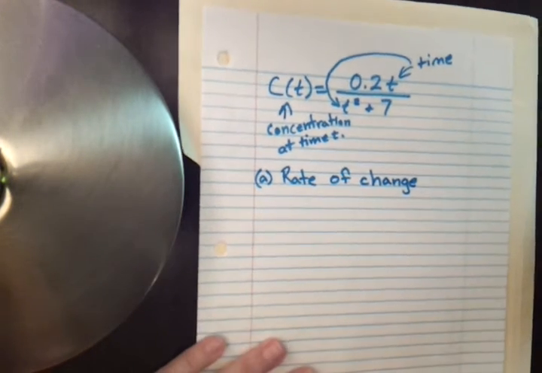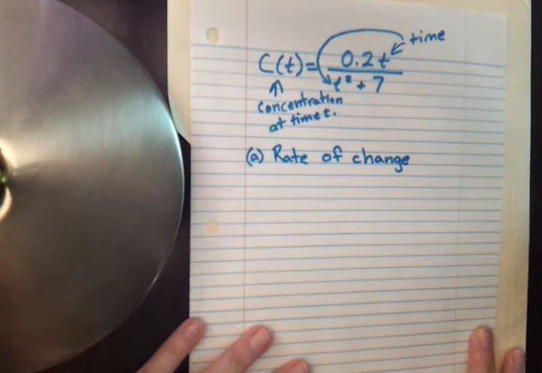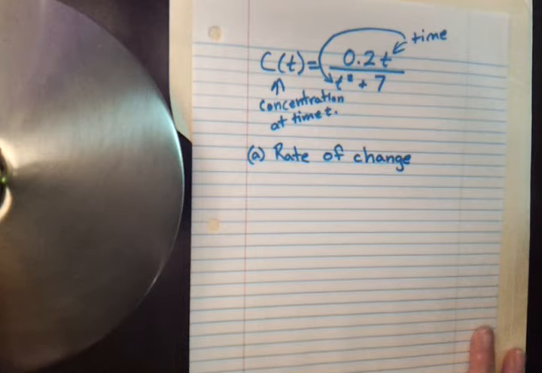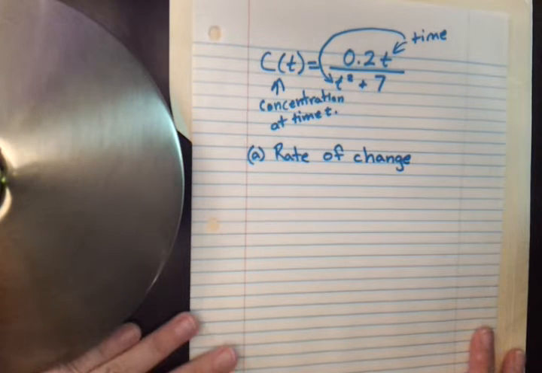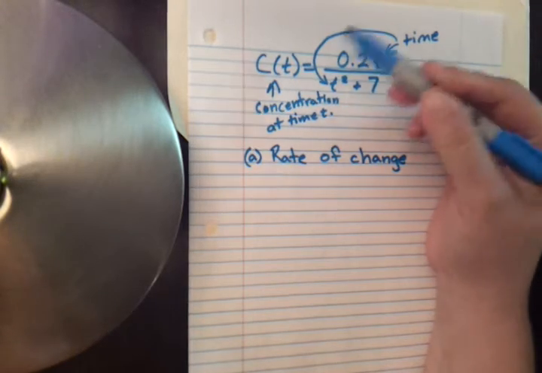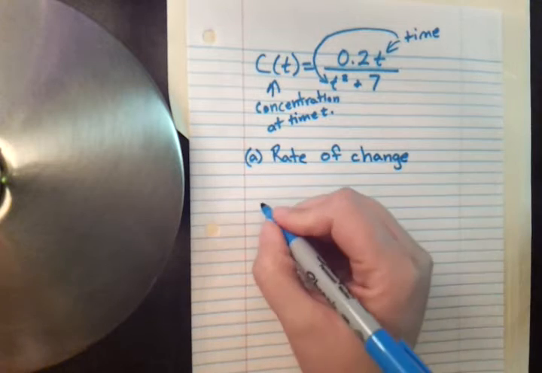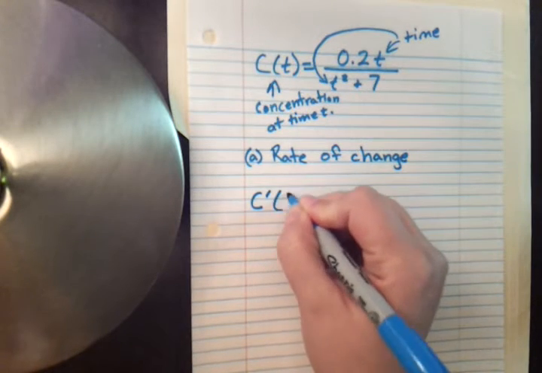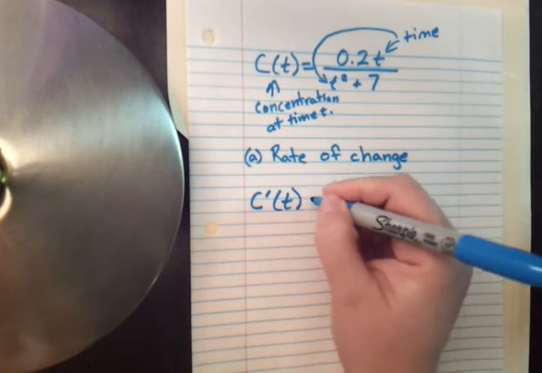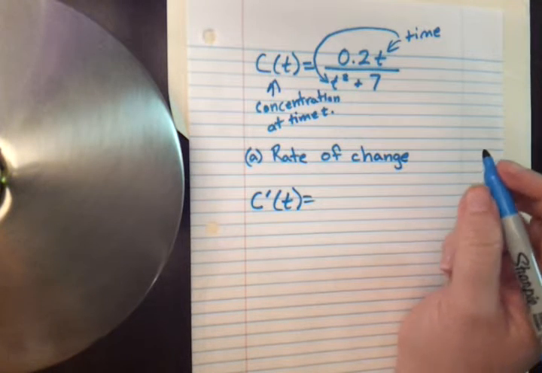At this point we are pros, and we know that the rate of change is the same thing as the derivative. So that means they want us to find a function for the derivative of C of t. They want us to find C prime of t. Okay, we can do that. We've been finding derivatives this entire homework assignment, so there's no reason we can't keep doing it.